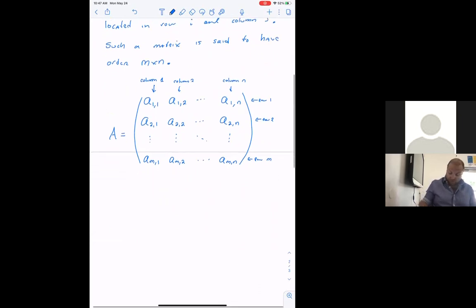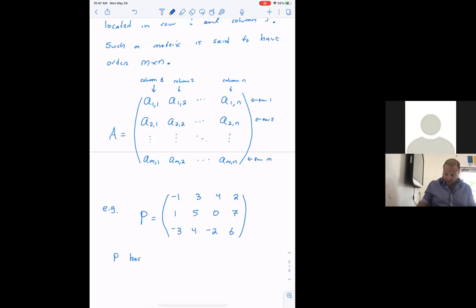Okay, so here's an example. Of course, there's nothing special about the letter A for a matrix, so I can call a matrix by any capital letter I want. So here's matrix P, whose entries are -1, 3, 4, 2, 1, 5, 0, 7, and -3, 4, -2, 6. P is a 3 by 4 matrix, right?